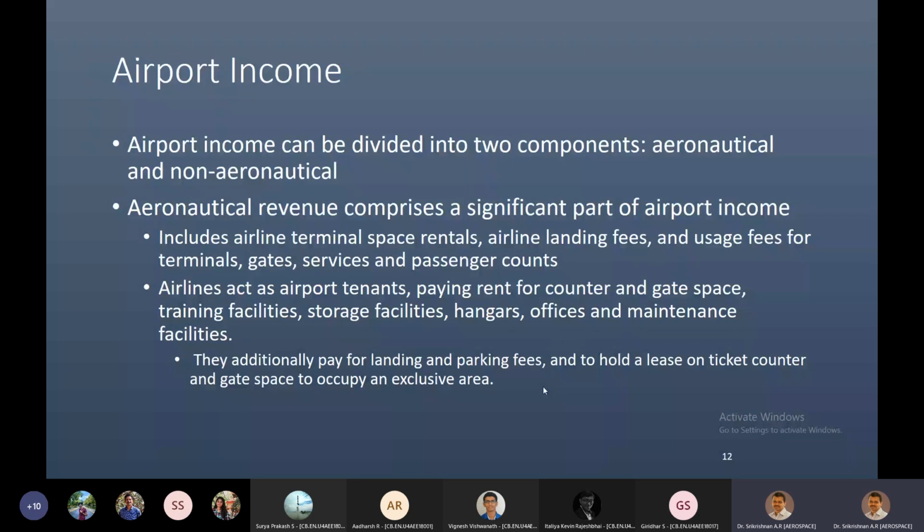And then landing fees, airline landing fees. On the air side of the operations, that is the usage of runways for landing and takeoff, and usage fees for the terminals, that is the fee that the airlines provide for making use of the facilities at the terminals, like gates.